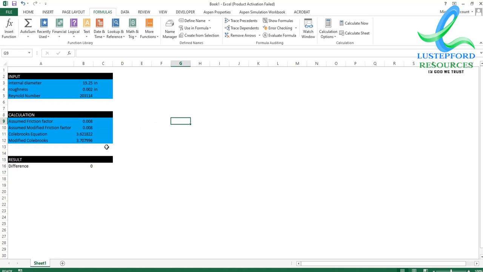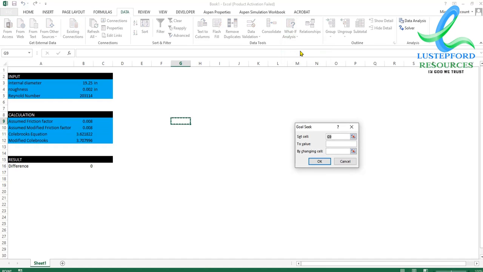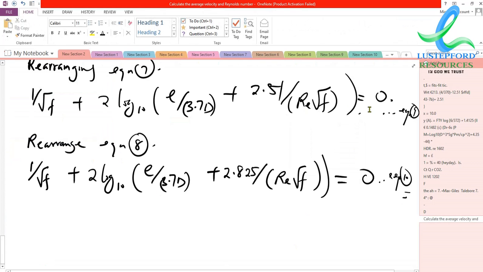So let's calculate for Colebrook first. I will now go to Data, Goal Seek. Now I'm setting this cell in particular to the value 0. This should be 0 because when you look at the equation, we rearranged it and made this plus this equal to 0.